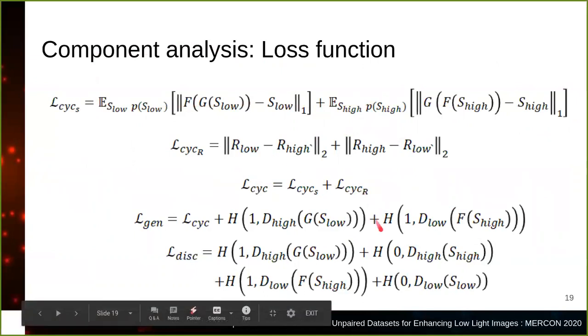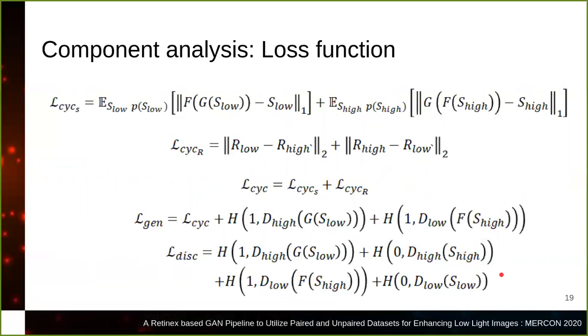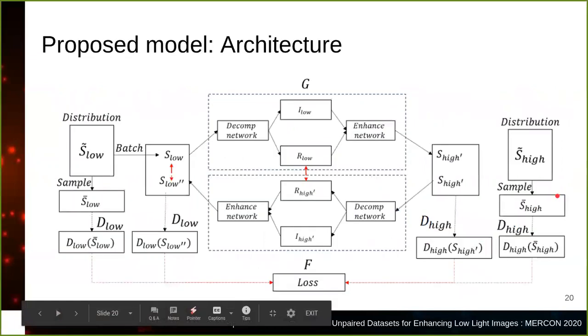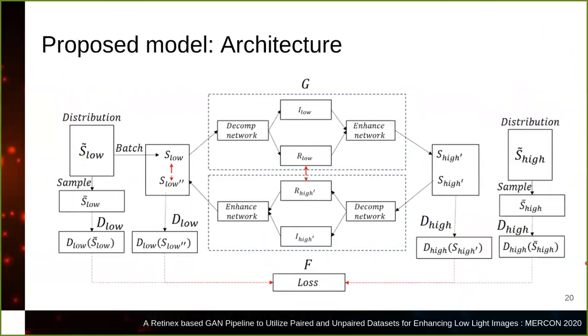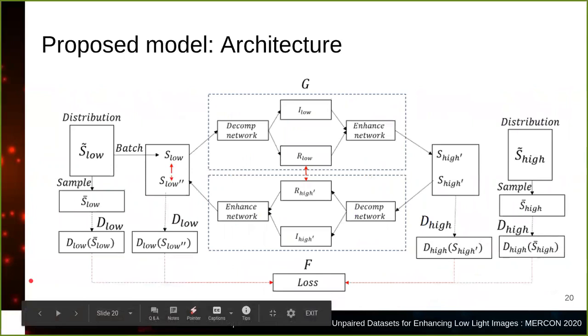You can refer to the paper for the specifics, because it's a lot of equations and the explanation is very detailed in the paper. So please refer to that. Anyway, this is the proposed complete model. Again, the image is a little bit complicated, but it's explained very well in the paper. Here we are trying to give you an overview of what we have done.